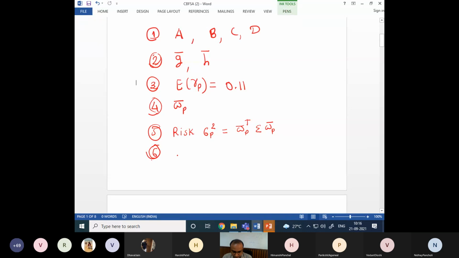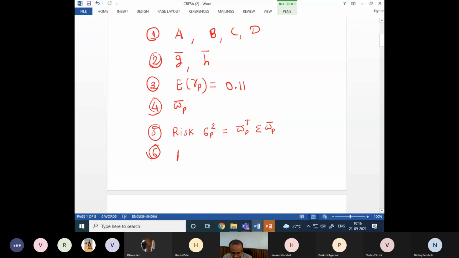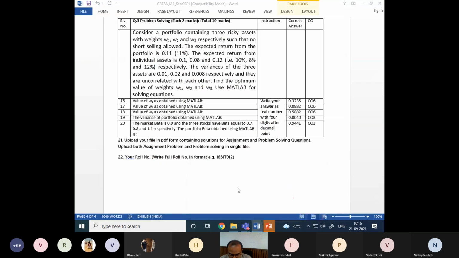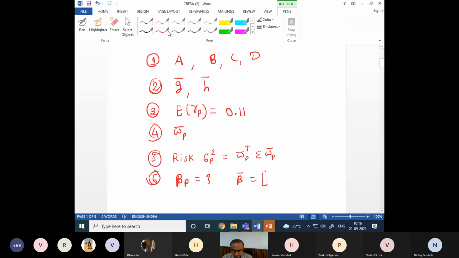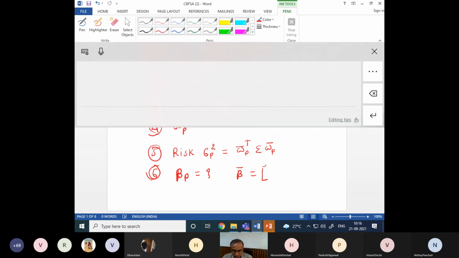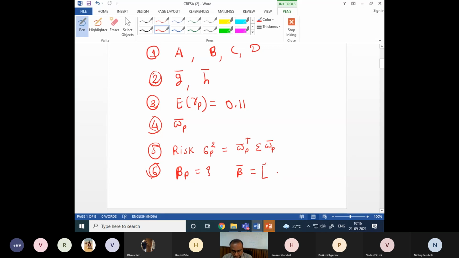If you are not applying any common sense in finance, then there is no way. I want the beta of my portfolio given, let's say, the beta vector, which is beta 1, beta 2, beta 3, and let me write the values: 0.7, 0.8, 1.1.